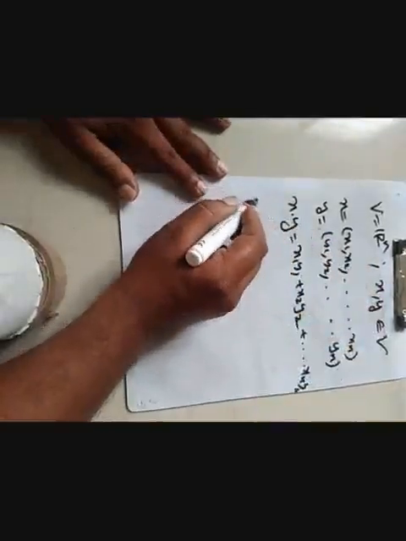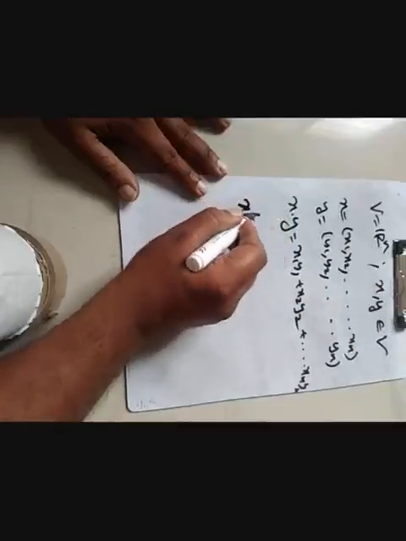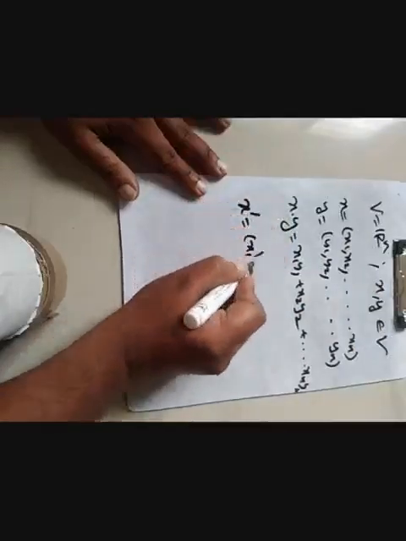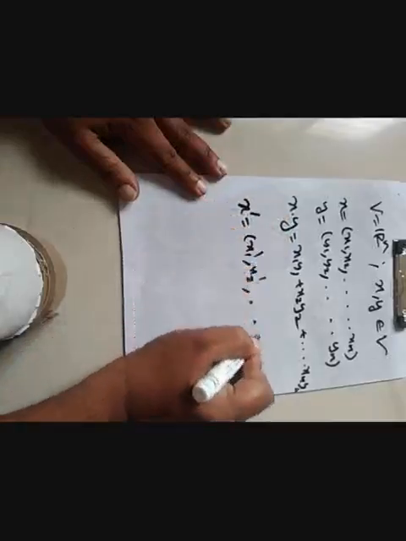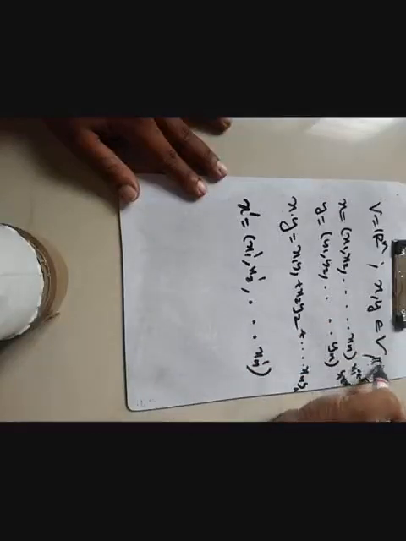Say x is this one, and x dash is x1 dash, x2 dash, up to xn dash, where each xi belongs to F and each yi belongs to F, and our F is the reals in this case.